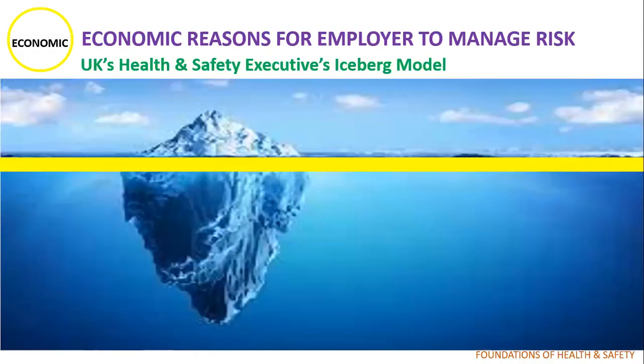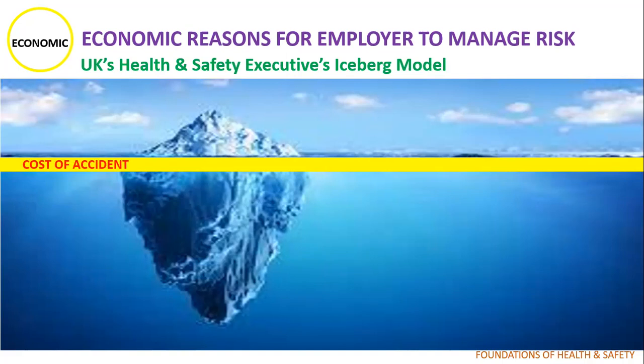So the UK's Health and Safety Executive's iceberg model, as we can see the iceberg here, the smaller part is out of the surface of the water and the larger part is below the surface of the water. So this iceberg model was given by the UK's Health and Safety Executive. It can be thought of as the cost of accident.